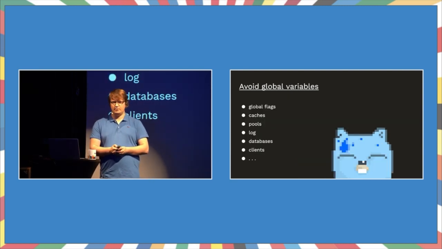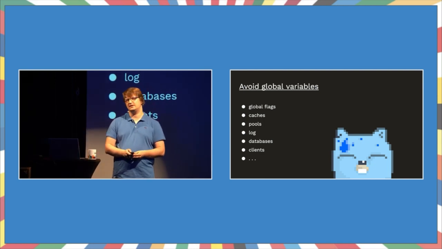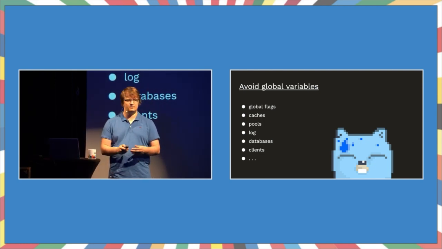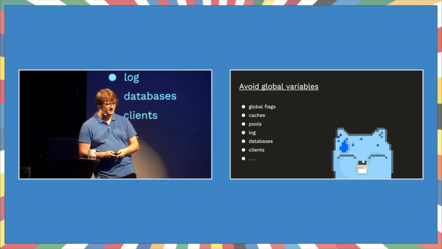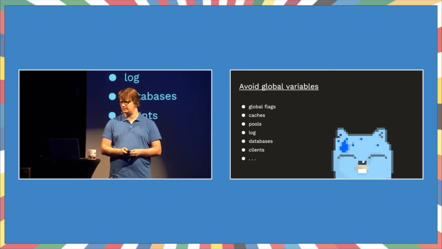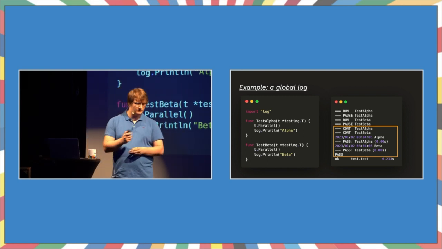And speaking of global variables, don't have them. I'm sure you have at least one of them, but yeah, they do mess up your concurrent code. And if you're writing concurrent tests, then all the tests hit the shared state and will mess up your tests as well. For example, this is one of the most common things.